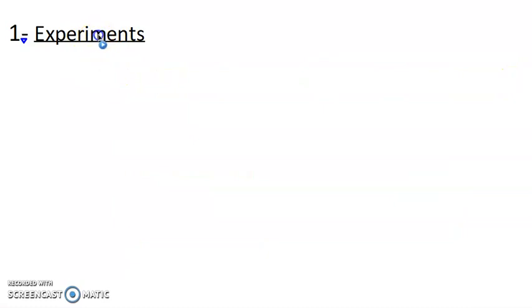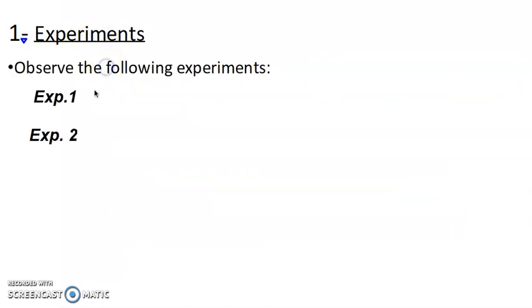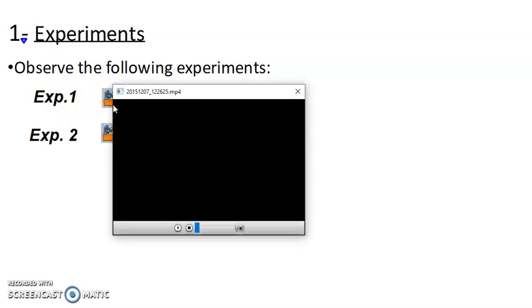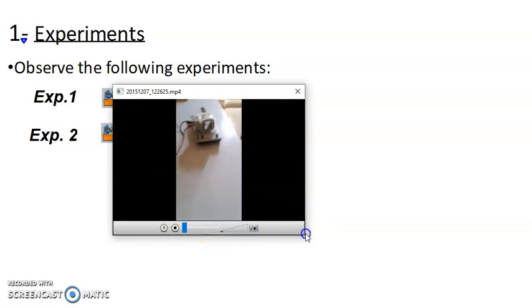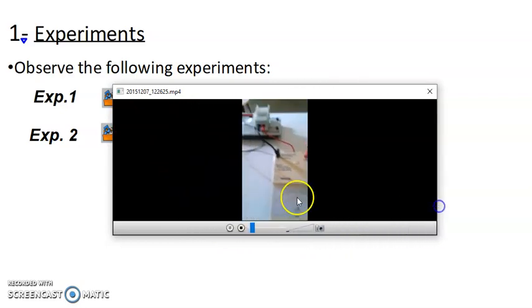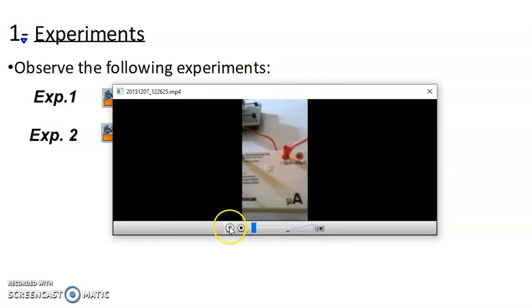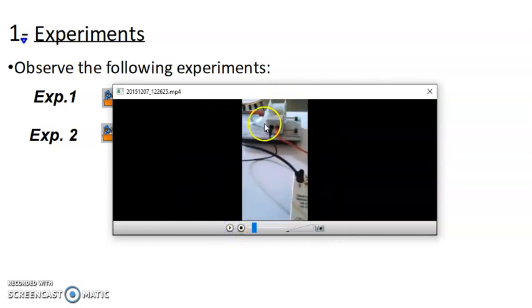I made here the following two experiments. Let's see them. Here, in the first experiment, I have a coil and a bar magnet connected to a microammeter.